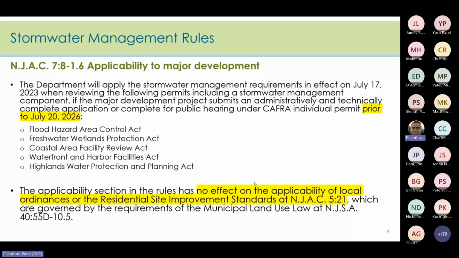The department will apply the stormwater management requirements in effect on July 17th, 2023, when reviewing the following permits, including a stormwater management component, if the major development project submits an administratively and technically complete application, or complete for public hearing under the CAFRA individual permit, prior to July 20th, 2026: Flood Hazard Area Control Act, Freshwater Wetlands Protection Act, Coastal Area Facility Review Act, Waterfront and Harbor Facilities Act, and Highlands Water Protection and Planning Act.